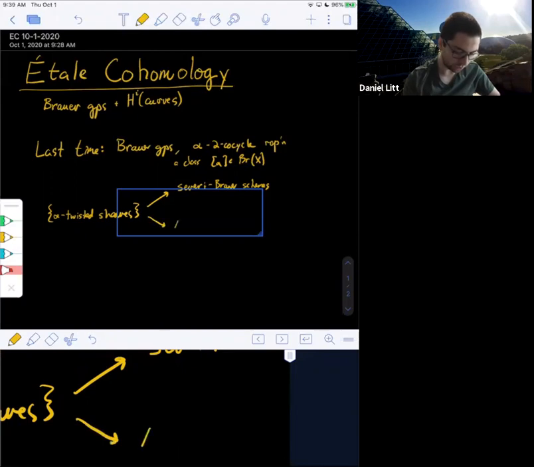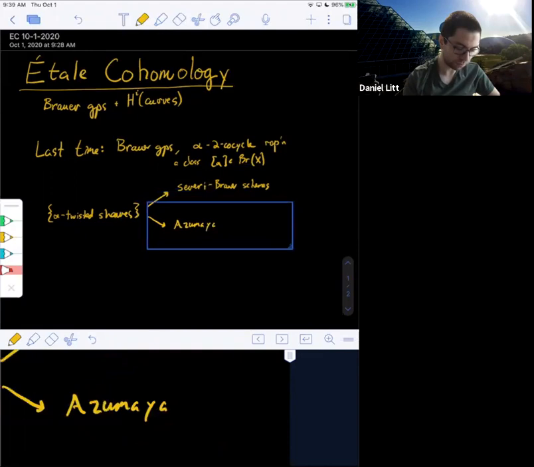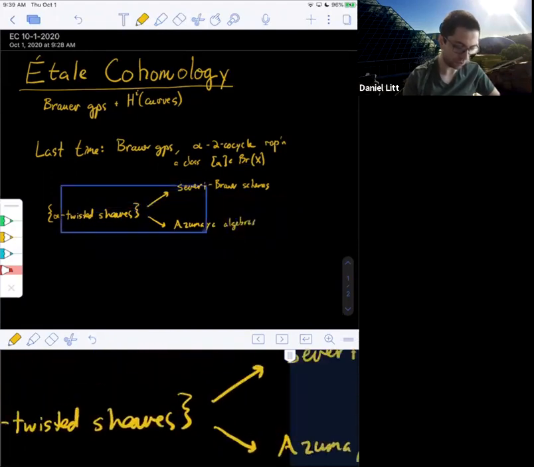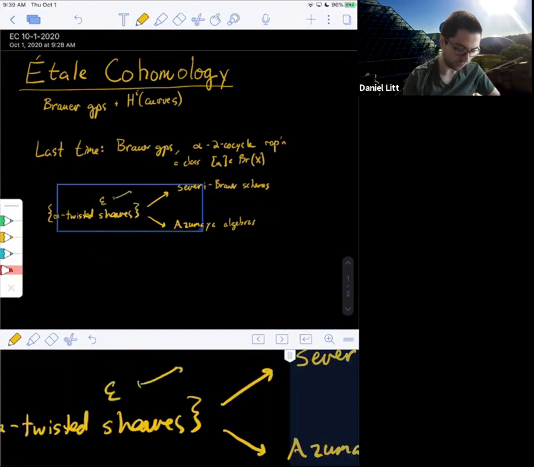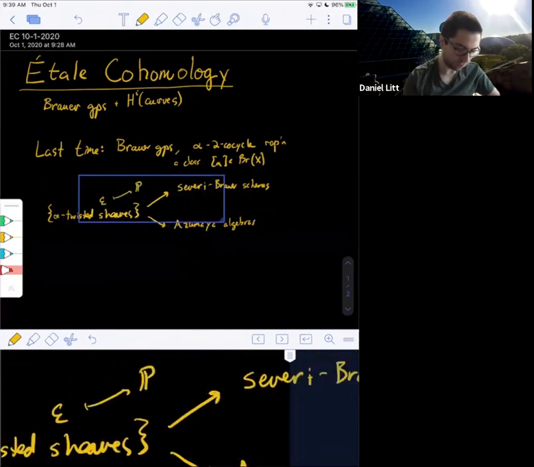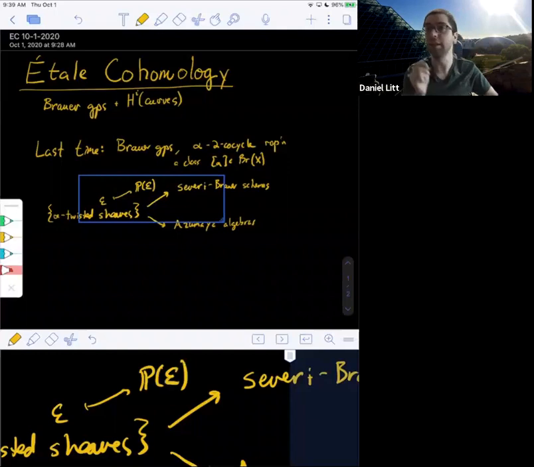And two was Azumaya algebras. And here we went from E to the projectivization of E, which is at least descent data for a scheme because projectivizing gets rid of the failure of the cocycle condition. And in fact, I argued, at least verbally, that that descent data is effective.